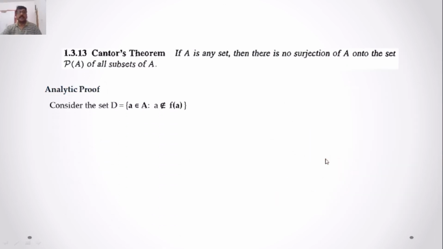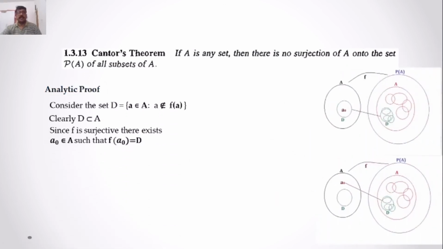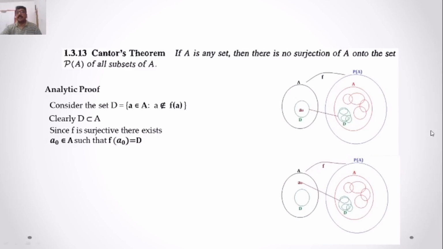Now you consider a set D. A set D consisting of all a in A such that a is not in f(a). This is D. And what is the peculiarity of this D?